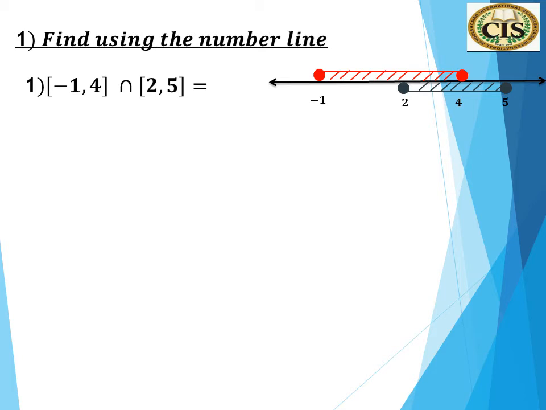We find the numbers in common between them, from 2 to 4. So [-1, 4] intersect [2, 5] equals [2, 4].